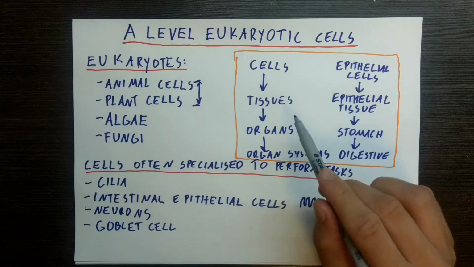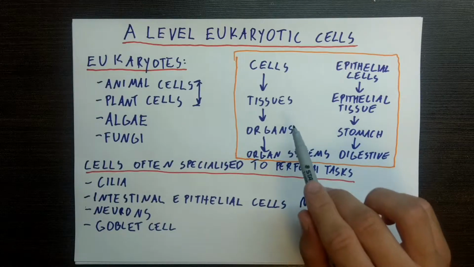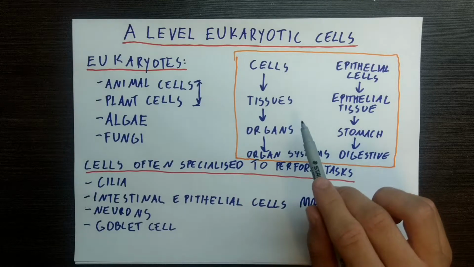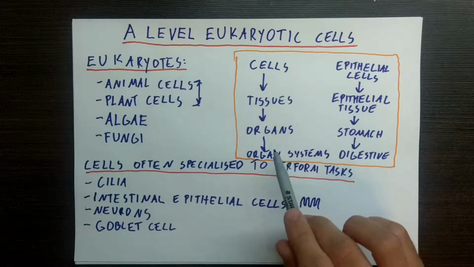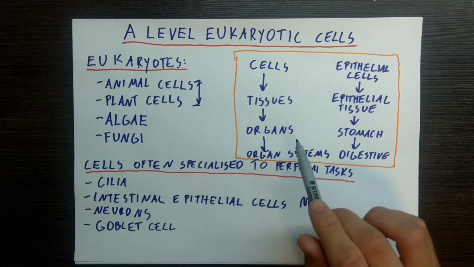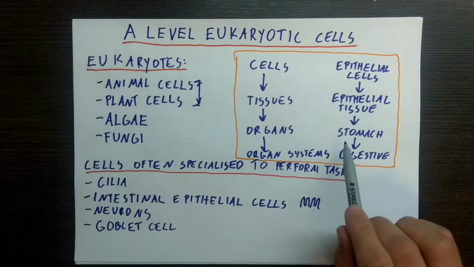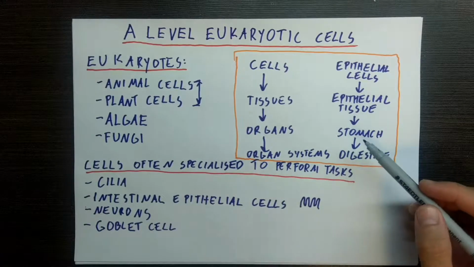Now, multiple tissues come together. Each of these tissues performs a task or a function, and these tissues come together to form organs, which have a specific job that requires multiple tissues to do it. So, for example, the stomach needs to digest our food. So the stomach has multiple tissues.